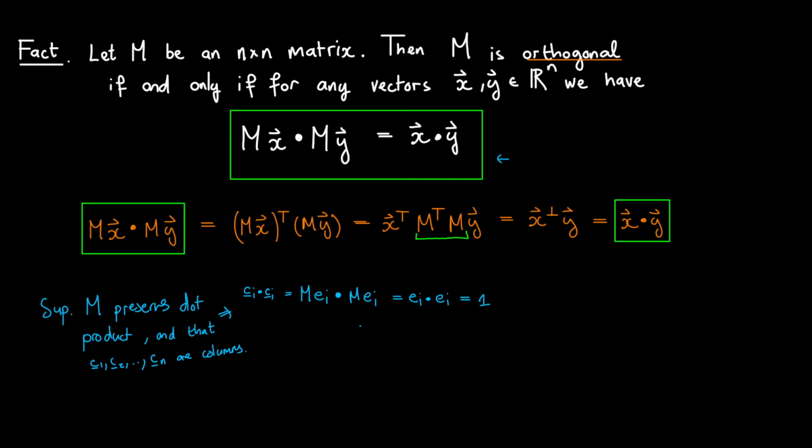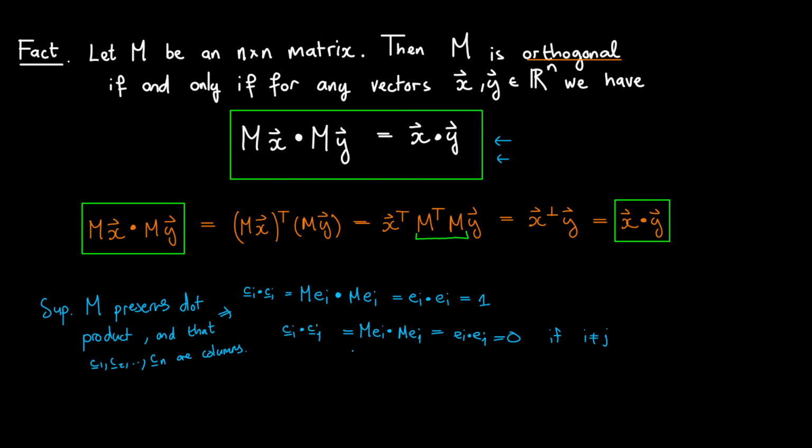Now for the same reason, let's take M Ei dot M Ej. Well, preservation of dot product, again just this formula here, gives Ei dot Ej. And this is exactly equal to 0 if i is not equal to j. But again, by what we saw earlier, M Ei is the ith column, and M Ej is the jth column.